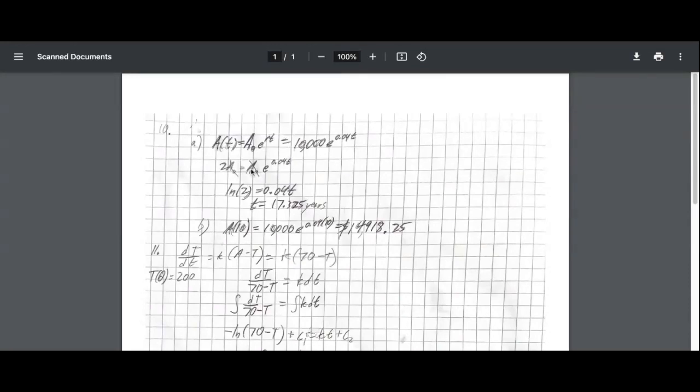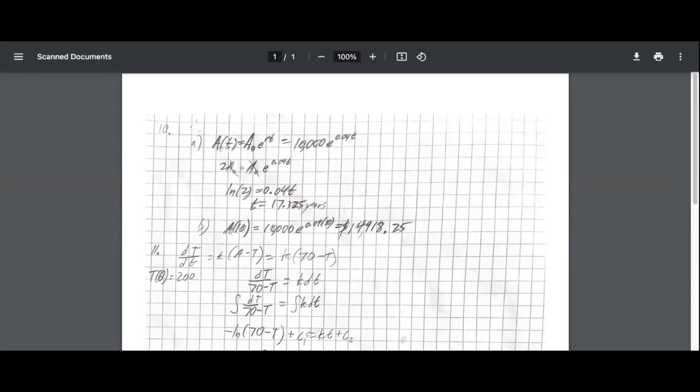As you can see, I just canceled out the zeros, and it's a 2-to-1 ratio. And then I canceled out the A naught. Then I take the natural log of both sides and divide to solve for t, which ends up being 17.325 years to double the amount of money.